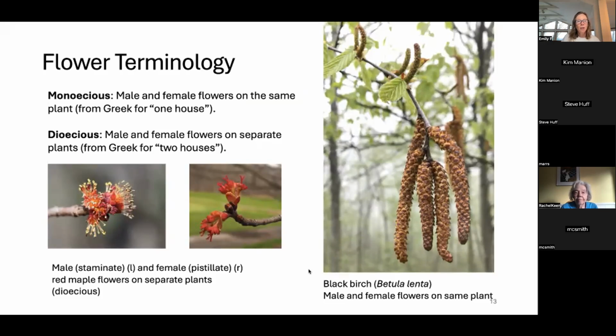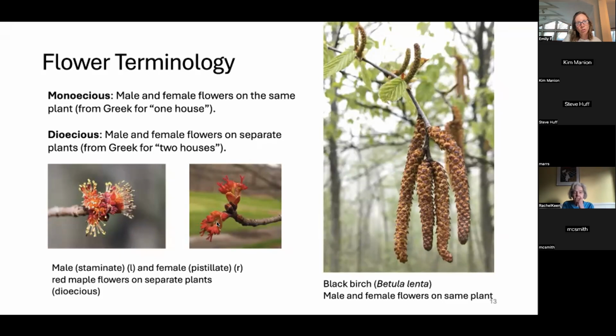Over here, we have a dioecious plant. This is red maple. And you can see all of the anthers with pollen hanging out all over the place on these male staminate flowers. And then over here, you can see this bivalve or two-pronged stigma that is on these female red maple flowers.